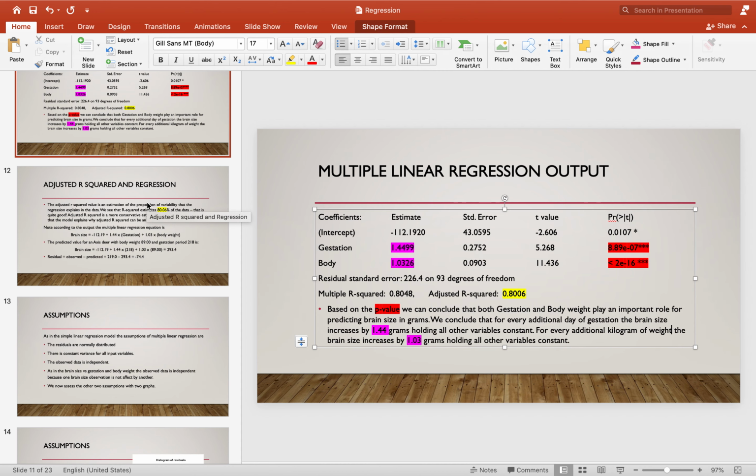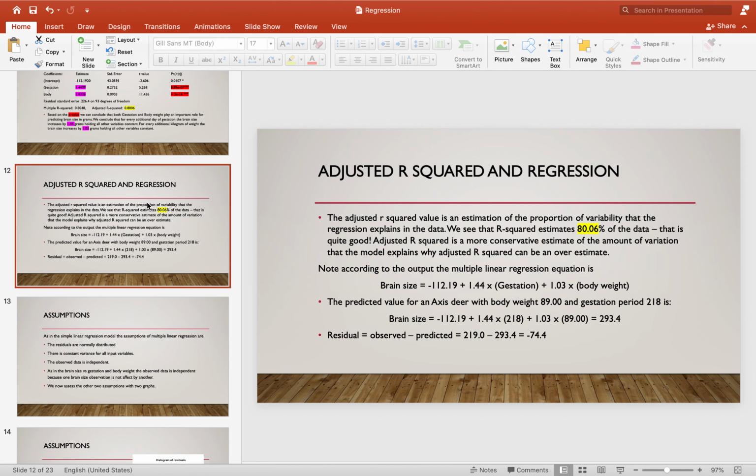Now let's talk briefly about this adjusted r squared. The adjusted r squared is an estimate of the proportion of variability that explains the data. And r squared is another variable that does this. However, r squared estimates 80% of the data is explained by this equation, and that's really good.